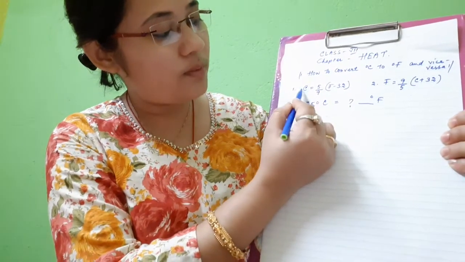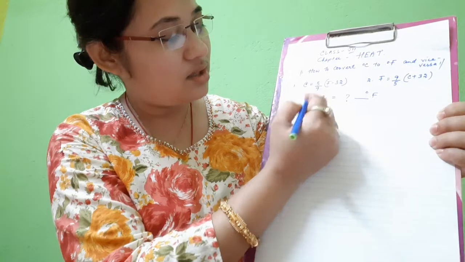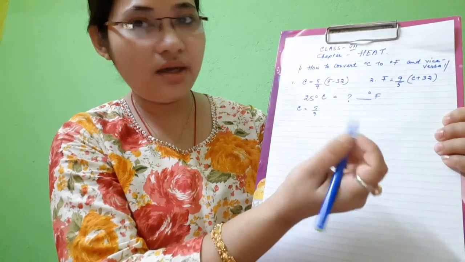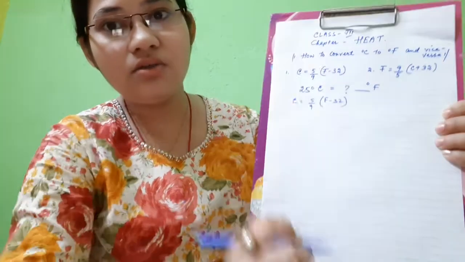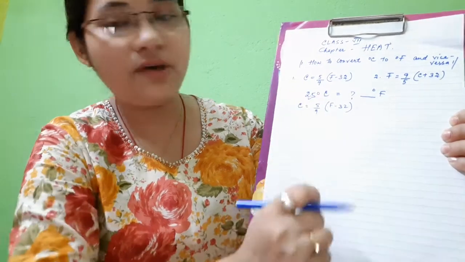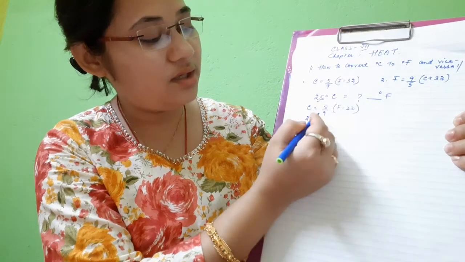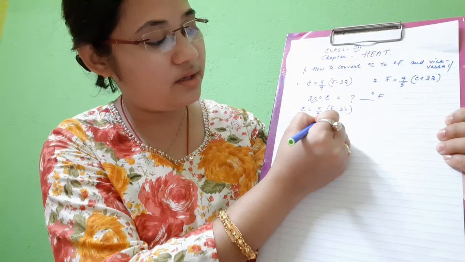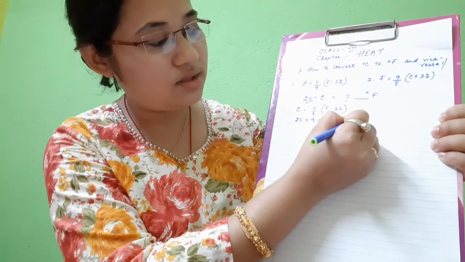Let me write the formula once again: c is equal to 5 by 9 into f minus 32. Now instead of c we are going to use 25 degree. Let us put 25 here, then this 9 will come here, so 25 into 9 is equal to 5 into f minus 32.